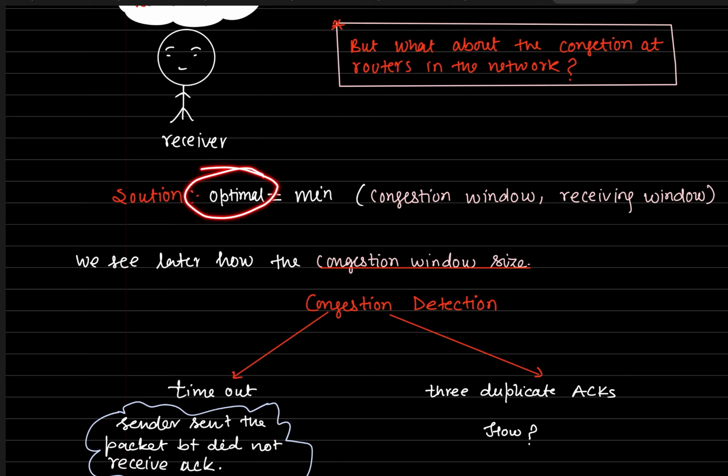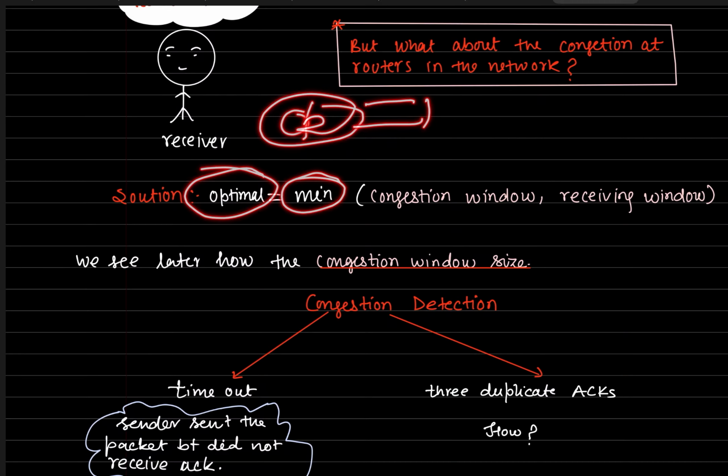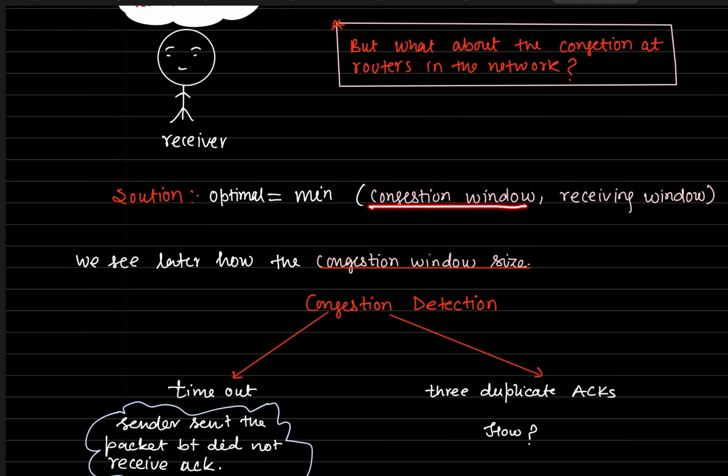How do we actually decide the optimal window size at the sender end? It will be the minimum of the congestion window and the received window; we will tell you how we compute the congestion window. The received window is sent by the receiver or server to the sender.